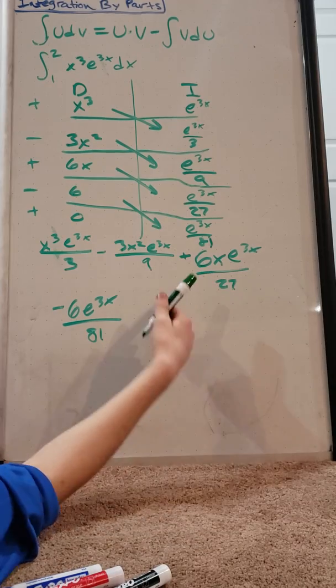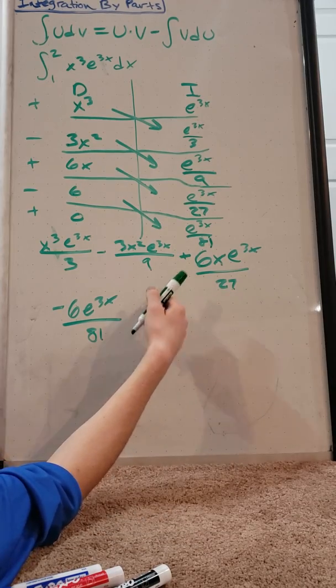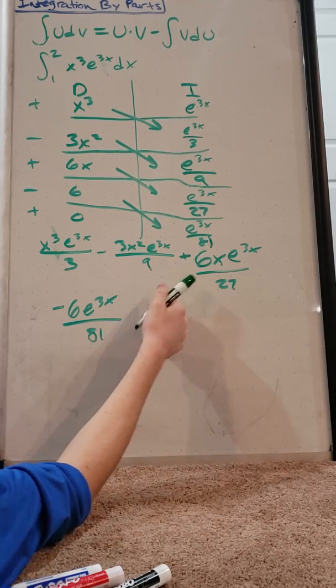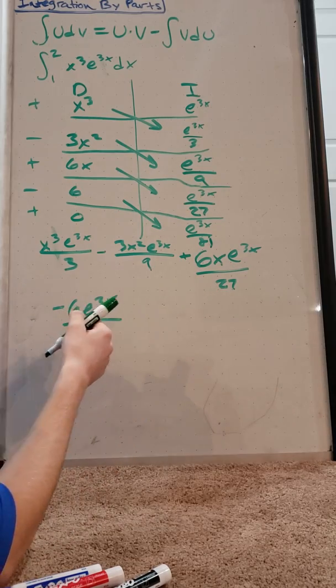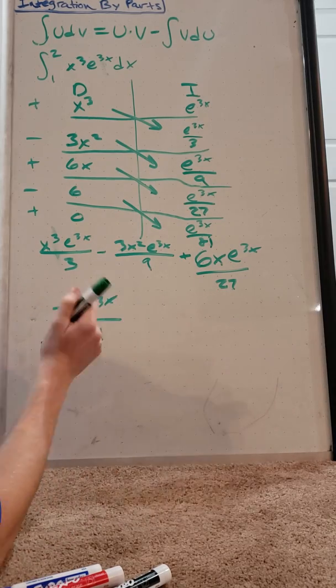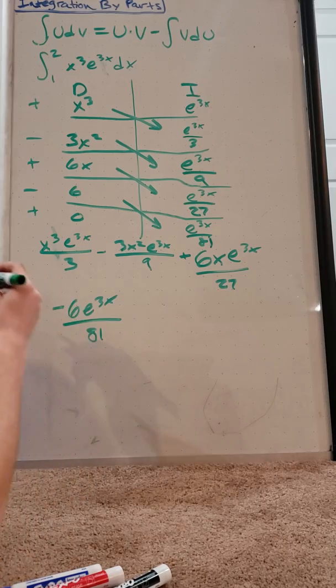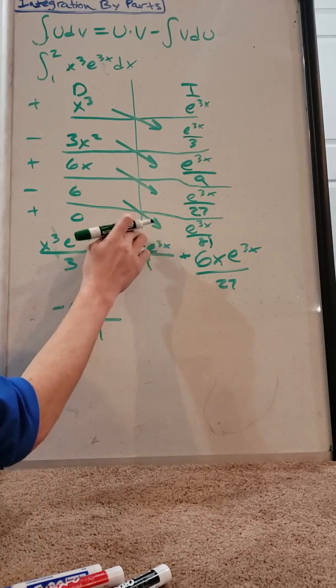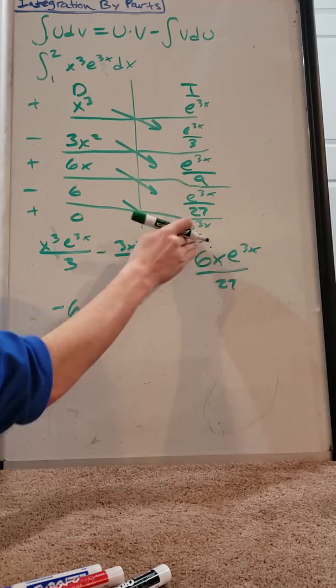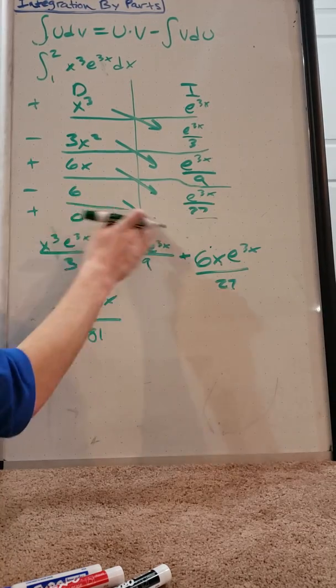You could reduce this to 2 over 9, and then 1/3, and something else, but we're not going to do that. I'm going to get rid of this table because it's in the way, and we don't need it anymore.